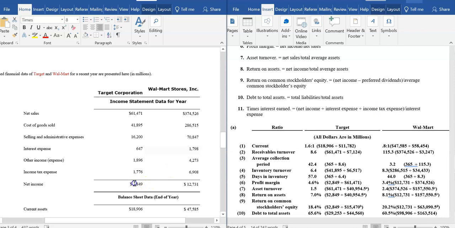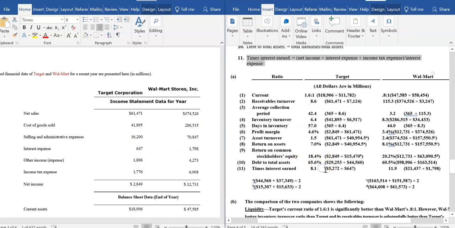Because net income is always reported after income tax and interest expense have been subtracted, we're going to add those amounts back. So for Target, net income of $2,849,000 plus income tax expense plus interest expense, add those together, it would come to $5,272,000, and then divide by interest expense of $647 million to get 8.1 times.